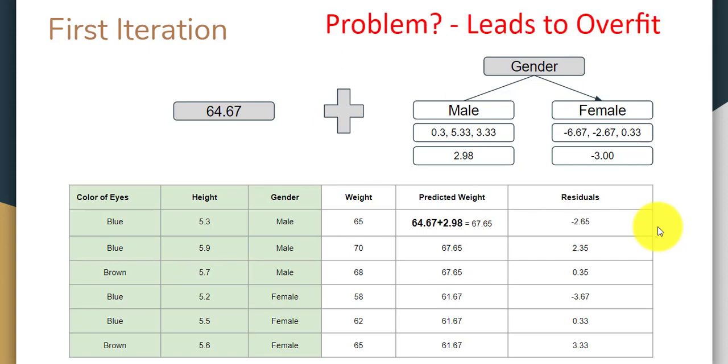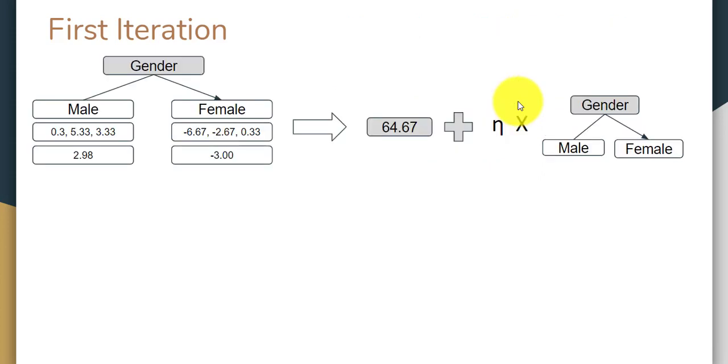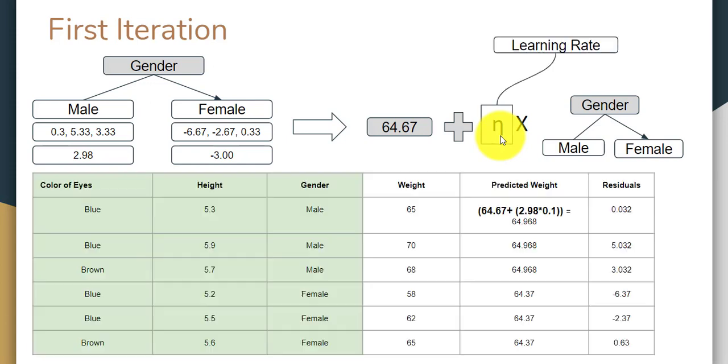The problem is that if I directly add the output of a weak learner, it might lead to overfitting, right? So the idea is that instead of directly adding the output of subsequent trees, we add a small constant, which is known as the learning rate or shrinkage parameter.